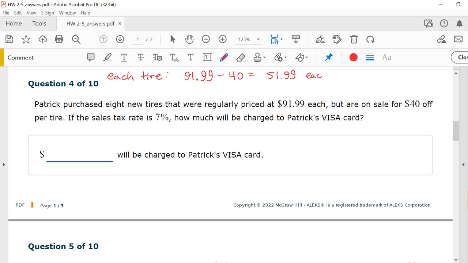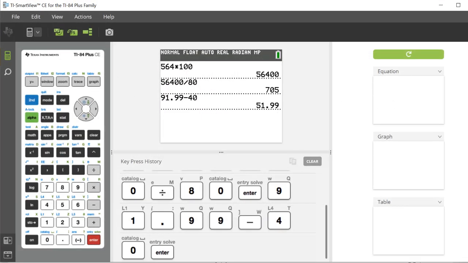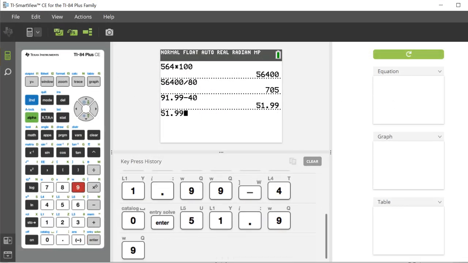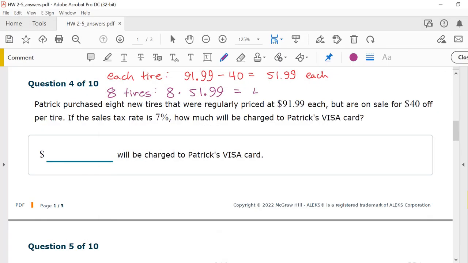That's each, but he needs to buy 8 tires. So the cost of the 8 tires before tax will be 8 times $51.99. So how much does he pay? $51.99 times 8 tires is $415.92.